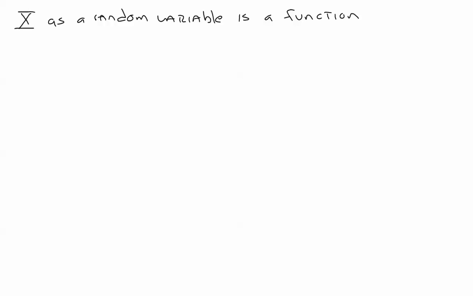It's a function that maps an outcome of a chance experiment to a real number. Alright? X is a function. A function of a function is a function. Remember that from probably an early calculus or maybe even an algebra class.